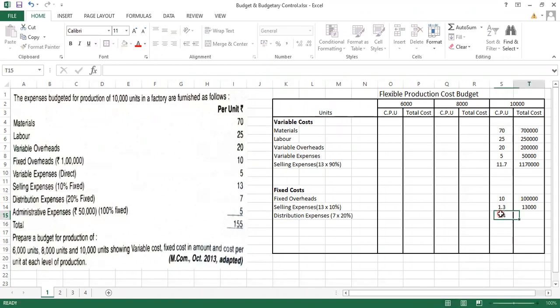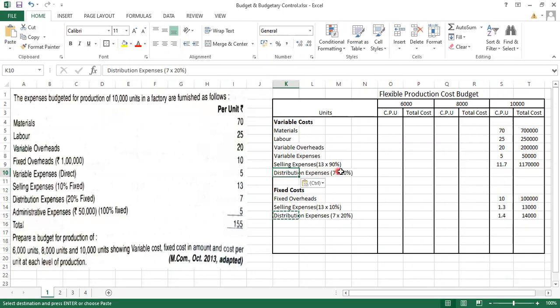So 1.4 into 10,000. So this will be 14,000. If 20% is fixed, so 80% will be variable. So this will be 5.6. 5.6 into 10,000, 56,000.